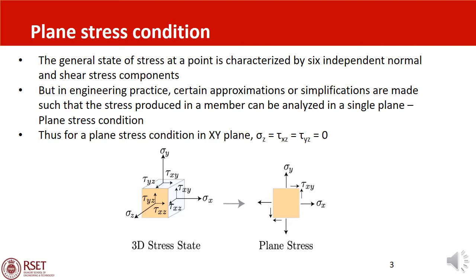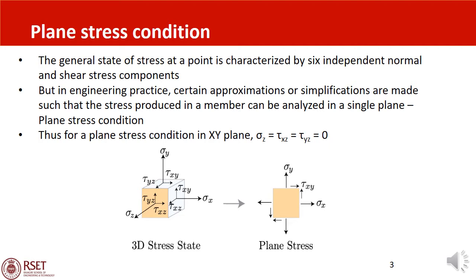But using some simplifications or approximations, many of the engineering problems can be simplified such that the stress produced in a member can be analyzed in a single plane. If this is the case, it is called plane stress condition.